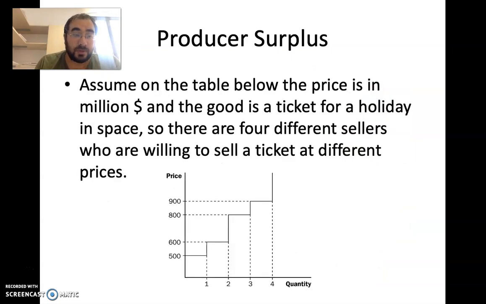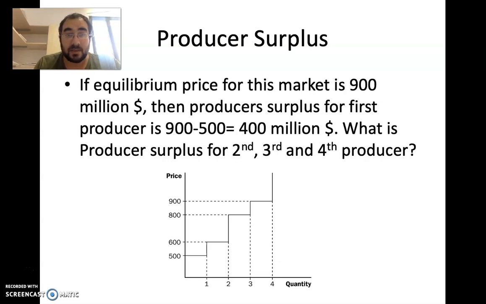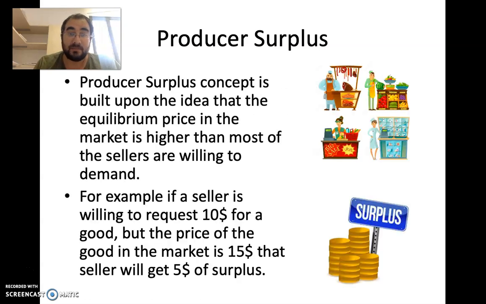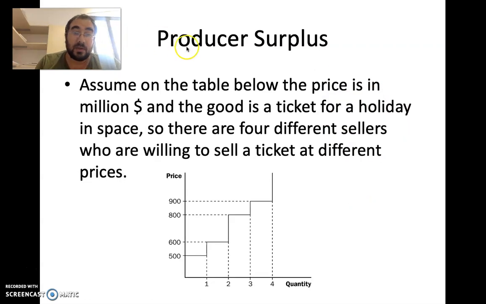So let's go further. Again, this is similar. Let's say again space travel, and $900 million is the price of the space travel.